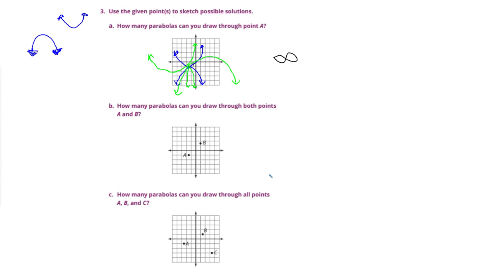Now I want you to think about A and B. If I had A and B as two of my points, how many parabolas can go through both of those? Well, let's see if your parabola matches my parabola. Did it? Does it match this parabola?